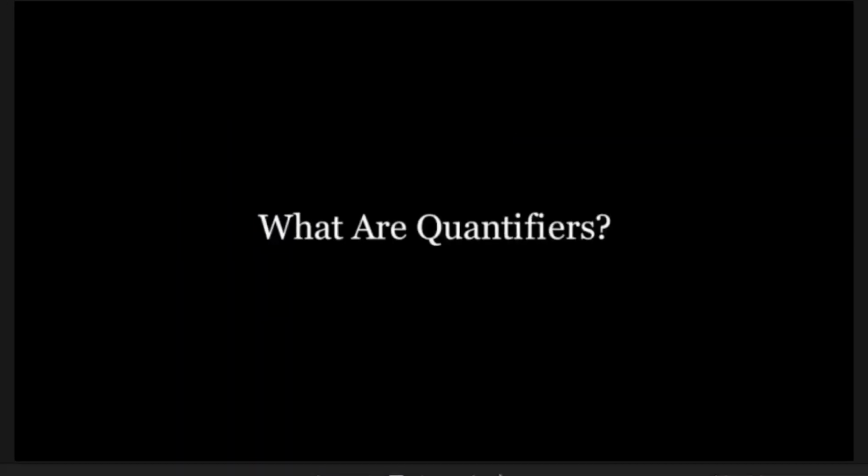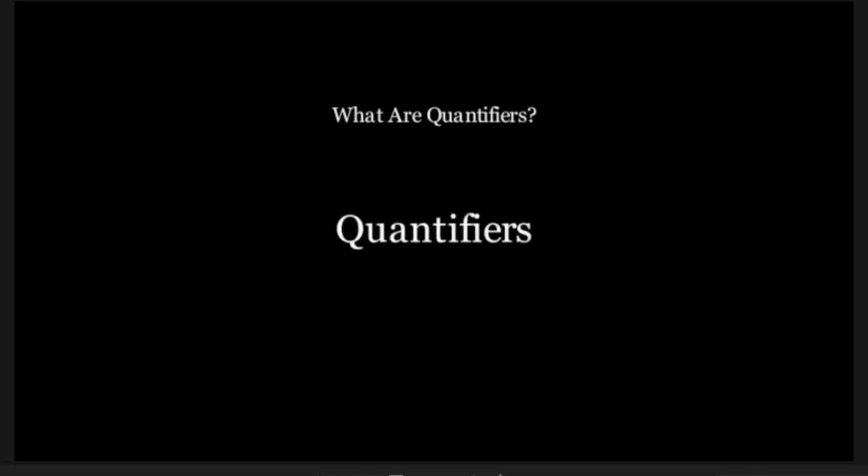What are quantifiers? Let's start with the basics. Quantifiers are special symbols used in logic to talk about the number of things in a particular group, known as the domain of discourse. Now, what is the domain of discourse? If we're talking about a collection of objects and we want to assert a certain attribute, a certain condition that all objects have, then we can use a quantifier.